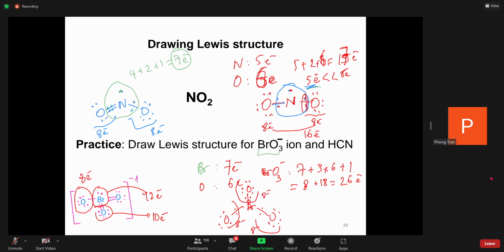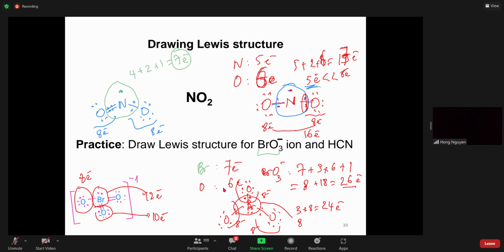So in total, 3 times 8 equals 24 electrons already. Compared with 26, it remains 2 electrons, which you put on the bromine. When you put 2 electrons on the bromine, the bromine has 2 electrons in each of 3 single bonds, plus 2 free non-bonded electrons. So you have 8 electrons for the bromine as well.